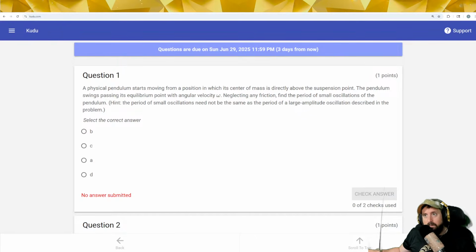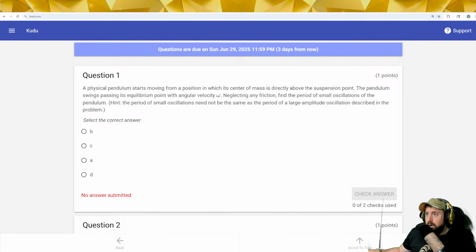It says a physical pendulum starts from a position in which the center of mass is directly above the suspension point. The pendulum swings past its equilibrium point with angular velocity omega. Neglect any friction. Find the period of small oscillations of the pendulum.